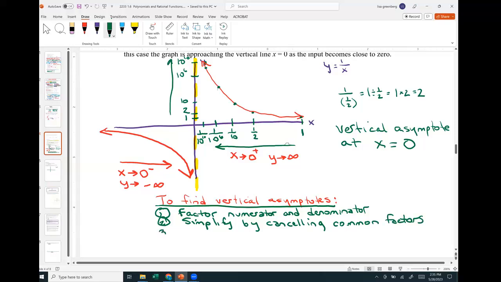And 3, set all factors in the denominator equal to 0. That's how we find our vertical asymptotes.